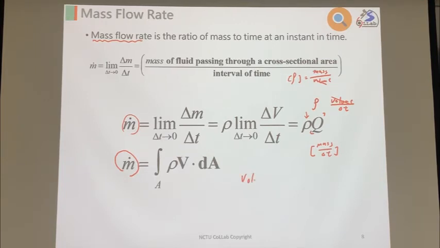So we have the volume flow rate, and this is the Q, and usually we call that the discharge, right? If the Q is multiplied by the density, then we call that the mass flow rate, and the parameter we use is m dot.